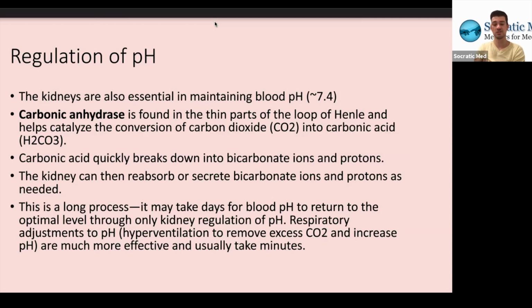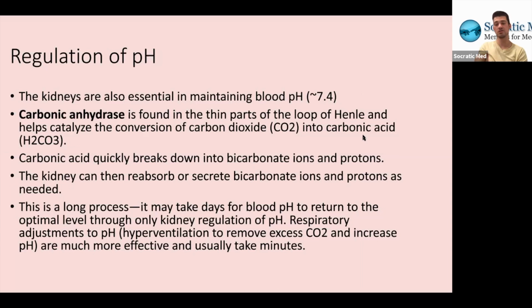So hyperventilation, as you know, if you increase your physical activity, it's going to result in excess CO2, excess lactic acid in your blood, and it's going to cause a decrease in blood pH. So the chemoreceptors in your blood communicate with your brain and your lungs, and it increases the respiratory rate. You hyperventilate, you get rid of the CO2, and it brings your pH back up to 7.4 relatively quickly when compared to how the kidney does things.